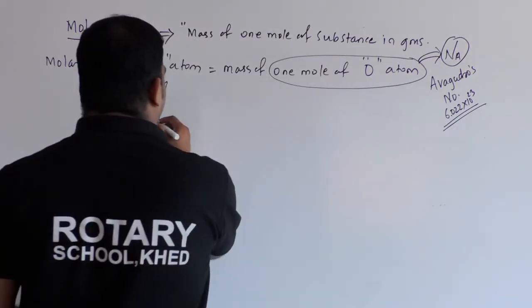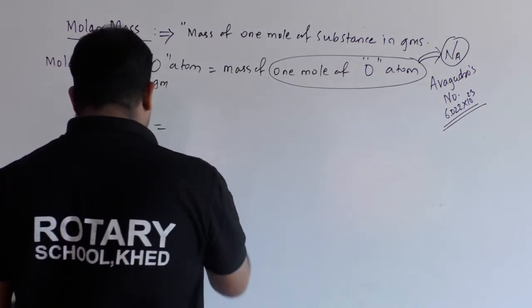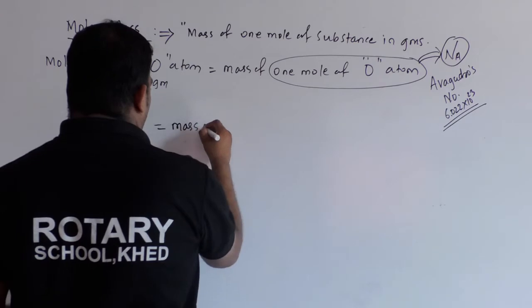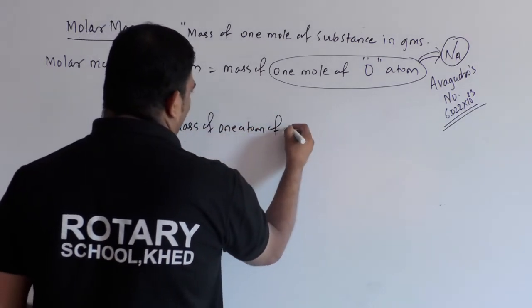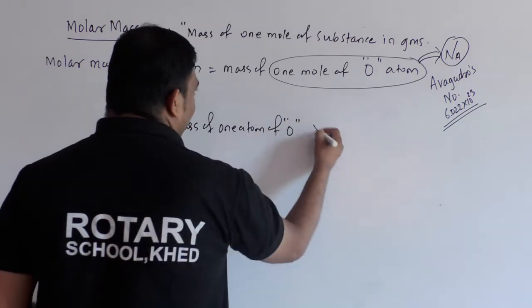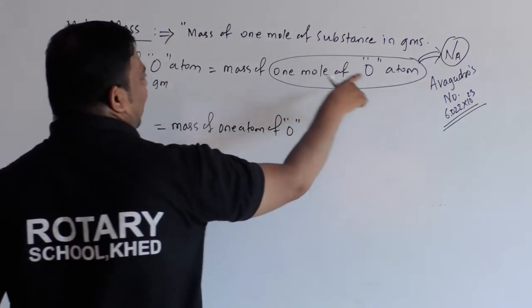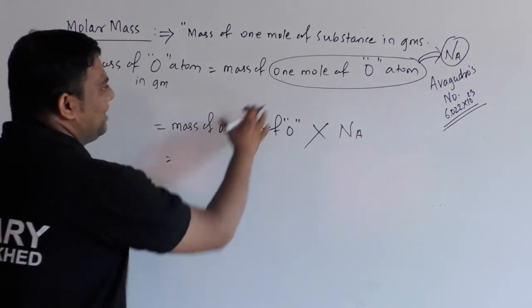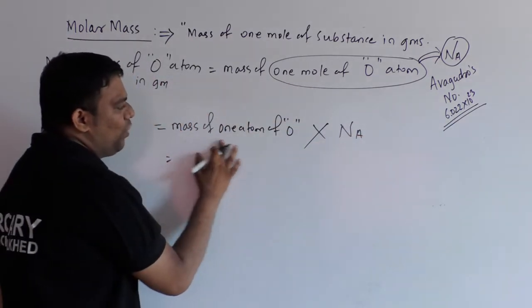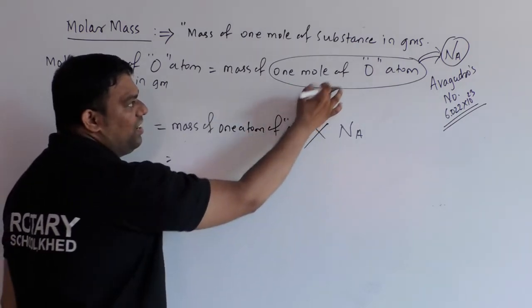So see here beta. So for that we need mass of 1 atom of oxygen, ठीक है, into what? Na. Understood? यालाच आपण डिवाइड कशामध्ये केलंय? Mass of 1 atom of oxygen into what? Na.